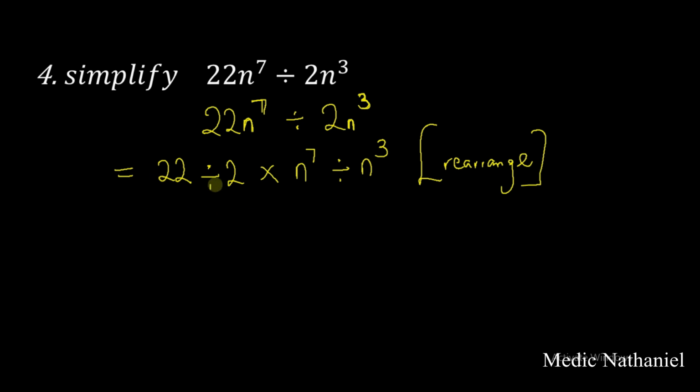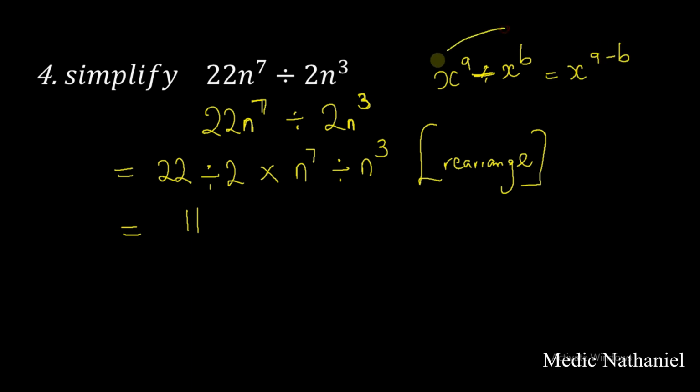So 22 divided by 2 will be equal to 11. N raised to the power of 7 divided by n raised to the power of 3: how would you divide it? You can divide it by applying the division law of indices. The division law of indices states that s raised to the power of a divided by s raised to the power of b is equal to s raised to the power of a minus b.